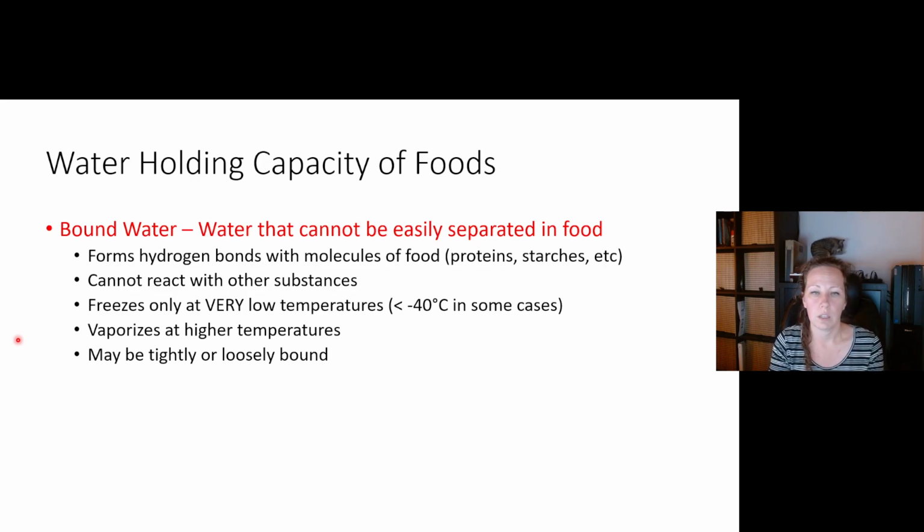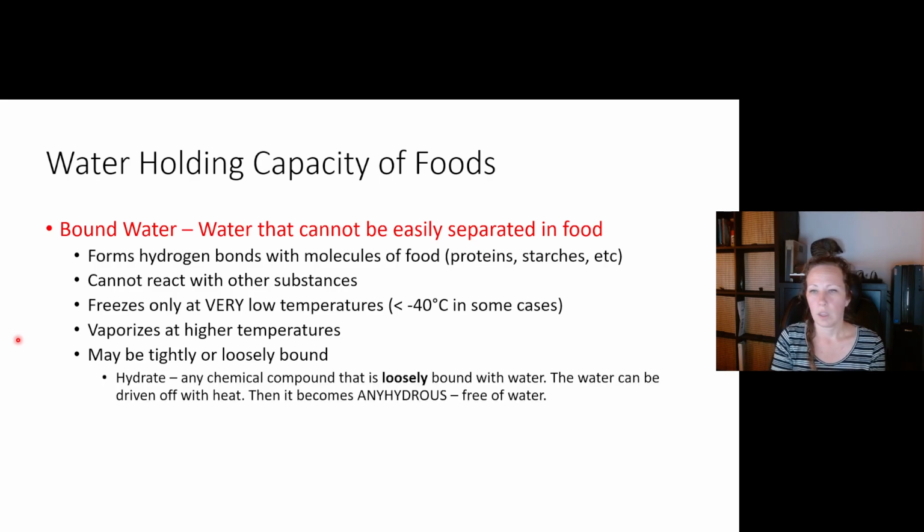quite easily come unbound. Okay, this brings us to another definition in the book called a hydrate. So the way this describes it is almost like there's three kinds of water: bound, free, and hydrates. And I'm going to tell you no on that. Hydrate falls under bound, because when you read the definition of hydrate, it says it's bound, right?